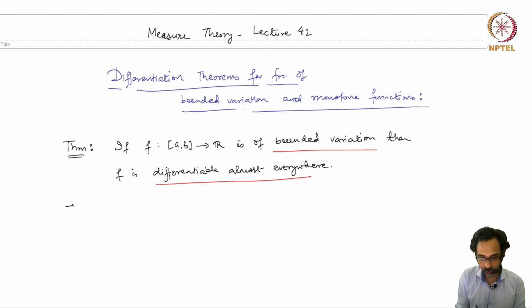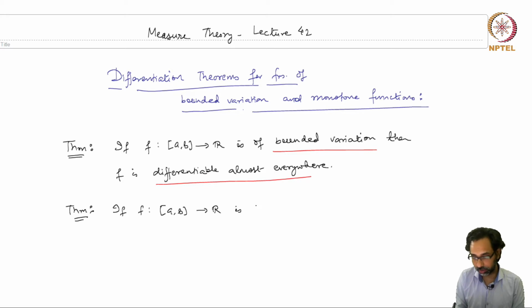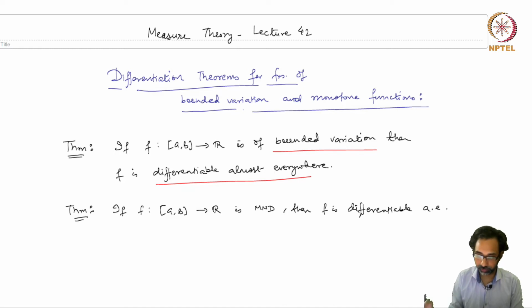What we will actually show is the following theorem, that if f is monotonically non-decreasing, then f is differentiable almost everywhere.